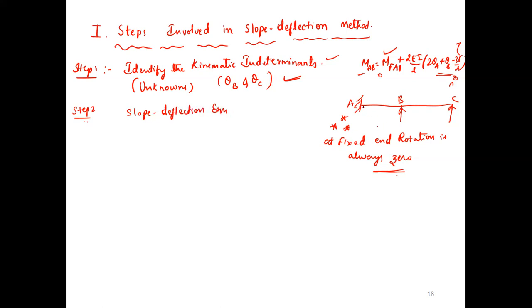Now I will give a simple problem. Here I will give a UDL of 2 kilonewton per meter over 4 meters with I, and then 2I, and I will take a point load of 4 kilonewton at 2 meters, 2 meters. Now, the slope deflection equation. What is the slope deflection equation? Here I have written it: MAB equals, but before going to this, FEM, the fixed end moment.